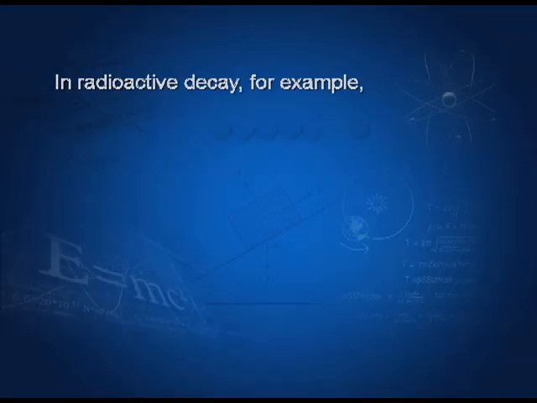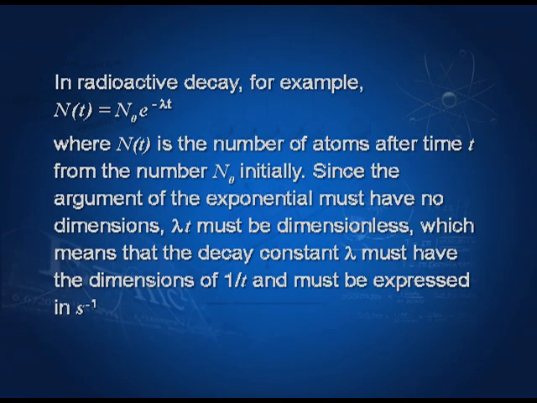We have already learnt that the arguments of trigonometric and exponential functions must be dimensionless. Let me give you an example. In radioactive decay, for example, you write the equation N after time t is equal to N 0, where N 0 is the initial number, e to the power minus lambda times t.